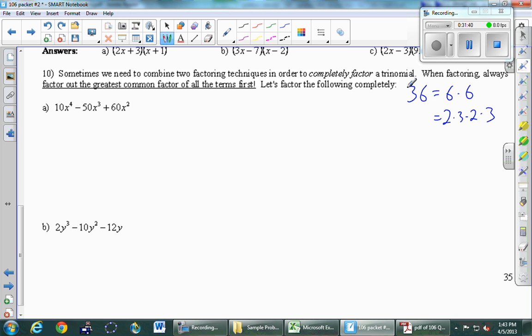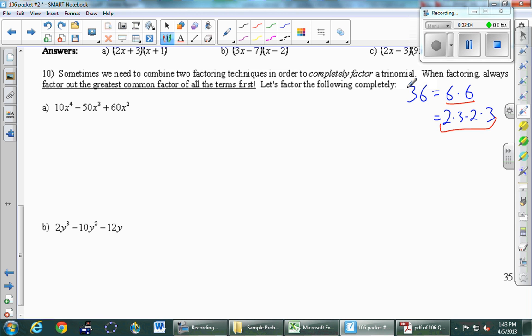Can we factor 3 any further? No. Those are what kinds of numbers? Prime numbers, which means we can't factor them anymore, right? So I would say that this has been factored completely, whereas this one, you can still factor more. You can make it more multiplication. So when we say factor completely, we mean you've got to factor until you can't factor anymore.